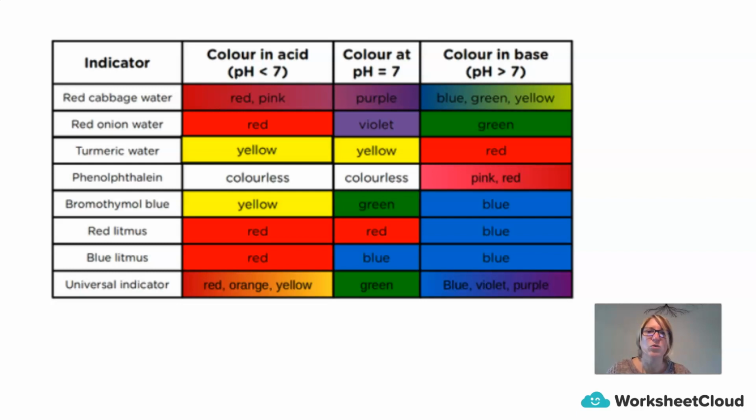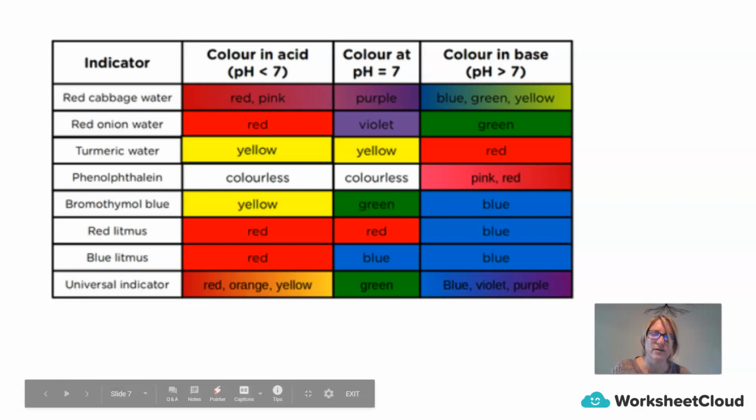So another thing that is also important that you have covered in grade 9 are the different types of indicators that we have and knowledge of how they change color in acidic or basic or neutral solutions.